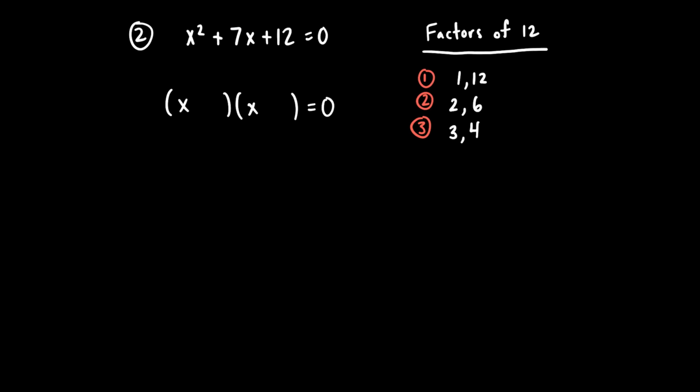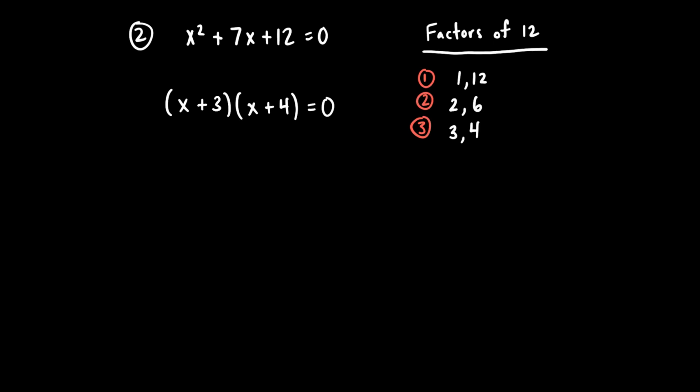Honestly, if you know how to find pairs of factors that multiply to make a number and add to make another number, you can factor. So 1 and 12 add to 13, so they're out. 2 and 6 add to 8, which is very close, but unfortunately is not 7. But check this out, 3 and 4. Let's try positive 3 and positive 4.